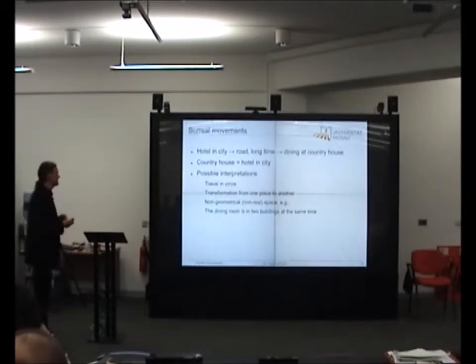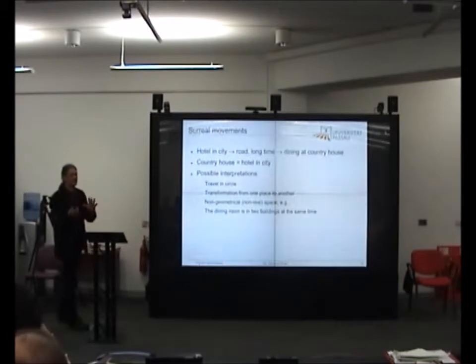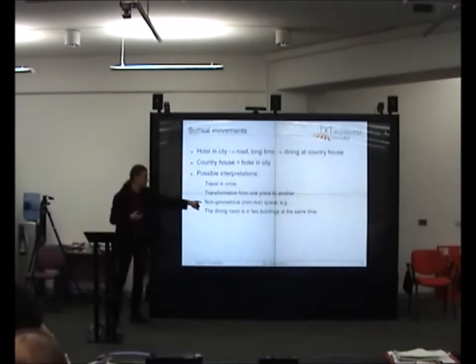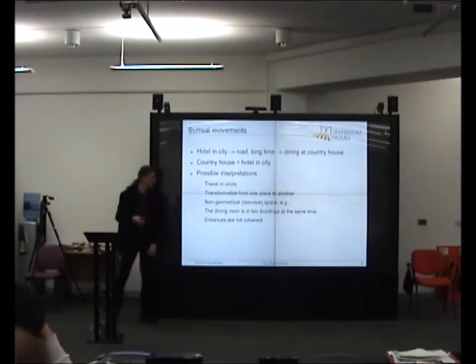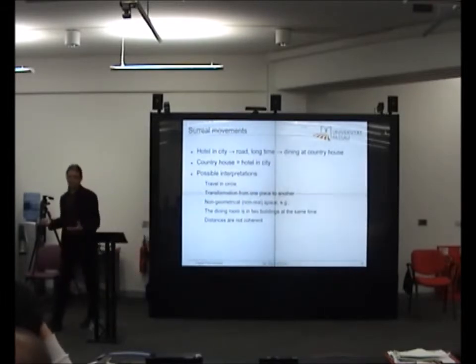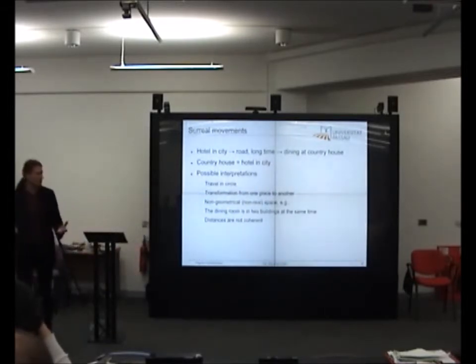But these two buildings either doesn't really make any sense because it seems to be most likely that we're talking about a space where something can be far away from something else and at the same place at the same time. Which is of course quite common and possible in some sort of literature.